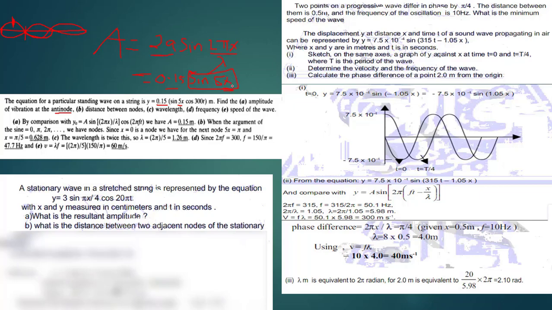So if we put our x value as 90 degrees, taking 90 times 5 we get 450. Finding sin of 450, you get the value 1.